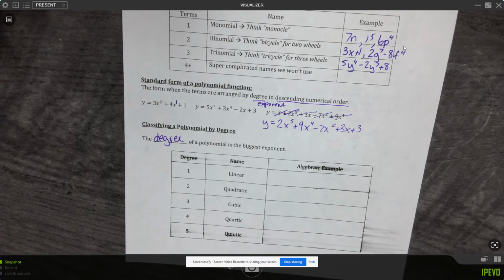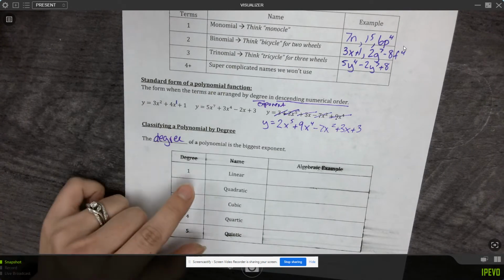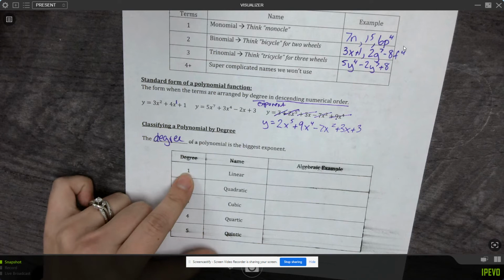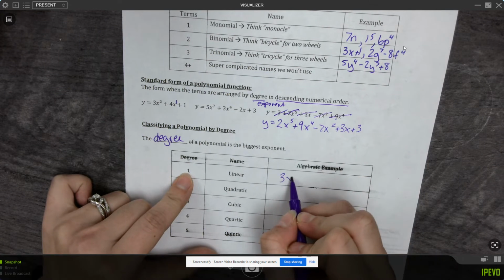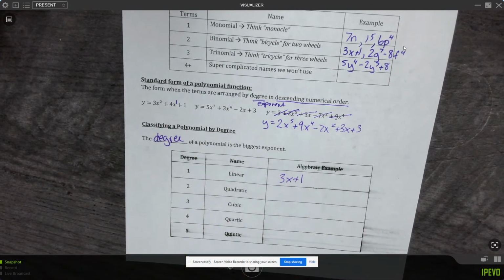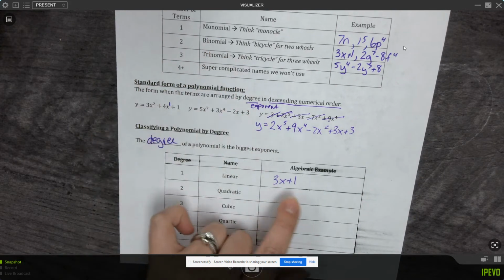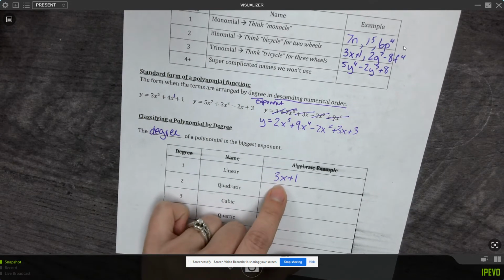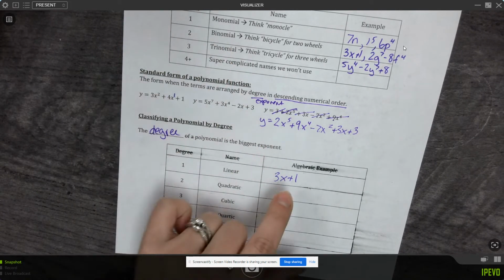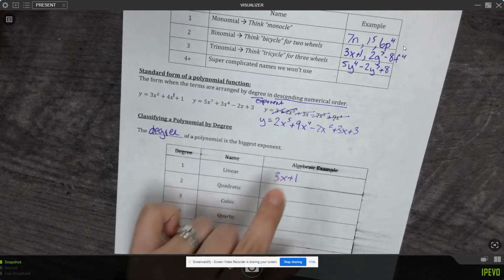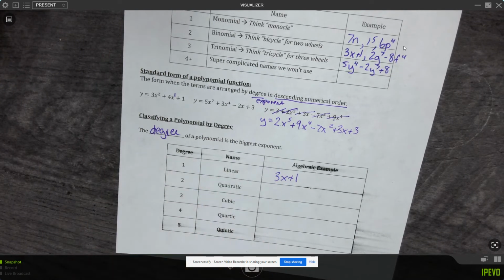Anything bigger than that, we won't classify based on degree. So a linear is if it has a degree of 1. So 3x plus 1 is linear. This is also a binomial, right? 2 terms. So you can classify this in 2 ways. By the number of terms, binomial, and by the exponent, the degree, 1, linear.